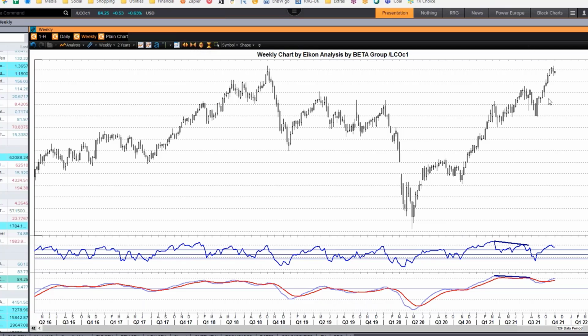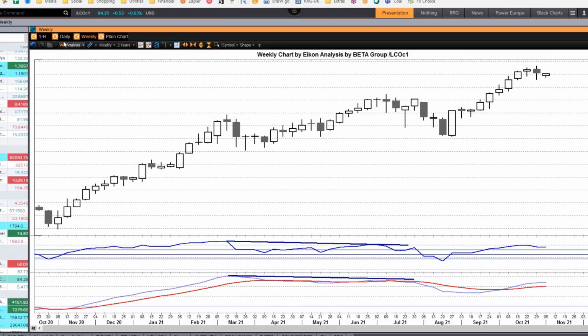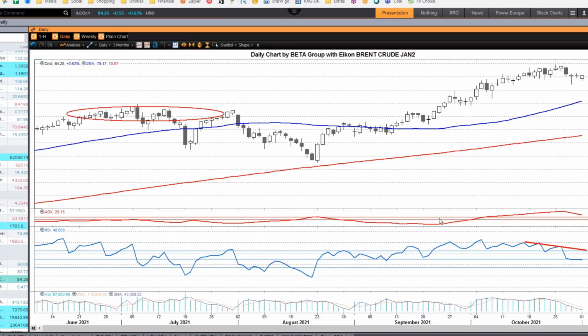That's why we're having a little bit of a scratching of our heads at this level. This is a pullback that's going on. But one of the things which makes me feel that it's likely that this is just a temporary pause is the very, very, very low volume that we're seeing in this. This is the January contract here, so it's not anything to do with being nearby. We're seeing very low volume in this pullback here.